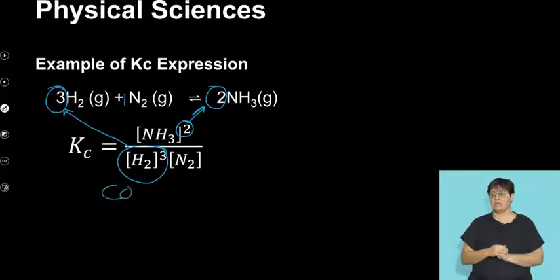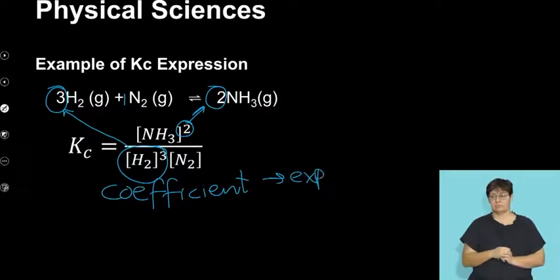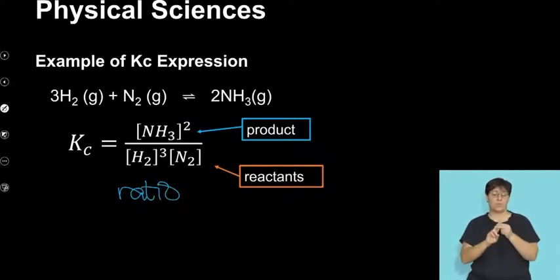So your coefficient becomes your exponent. As I said, this is a ratio, there are no units, we have the product concentration over the reactant concentration.